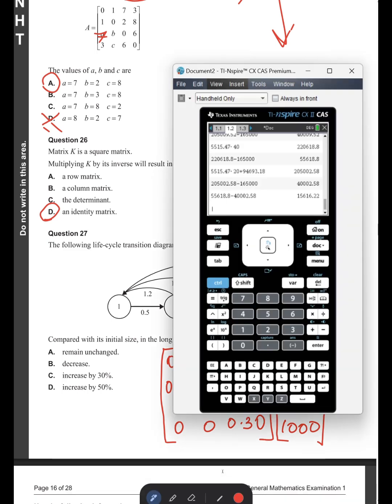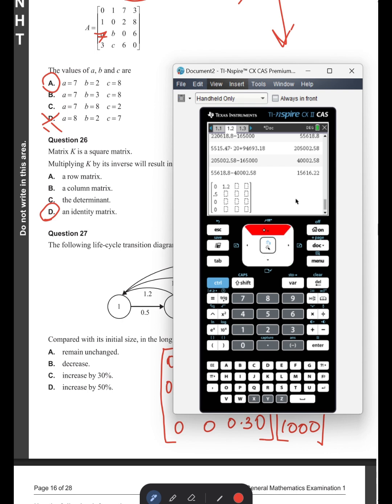Okay, so put it in my matrix, and it's a 4 by 4. It's 0, 0.5, 0, 0, 1.2.